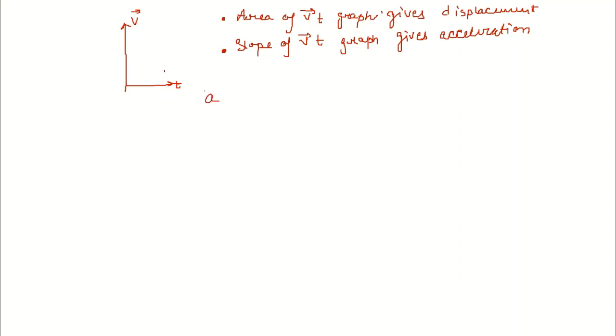So the acceleration is nothing but the slope, that is delta v by t, and the displacement is nothing but the area of the VT graph.